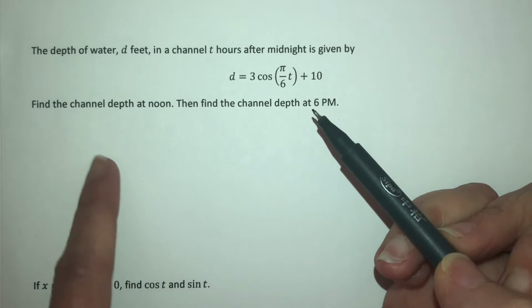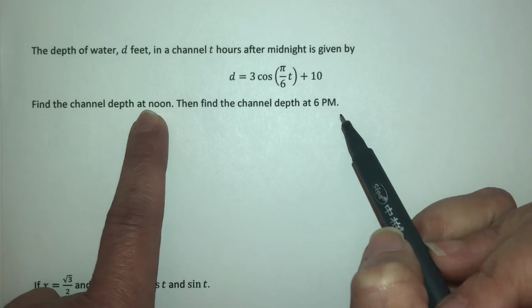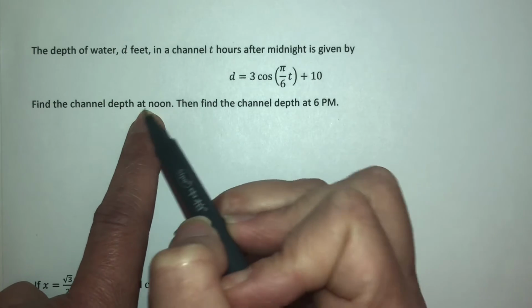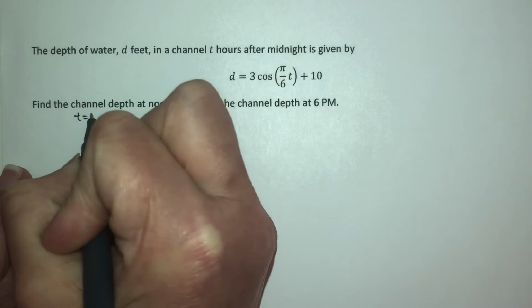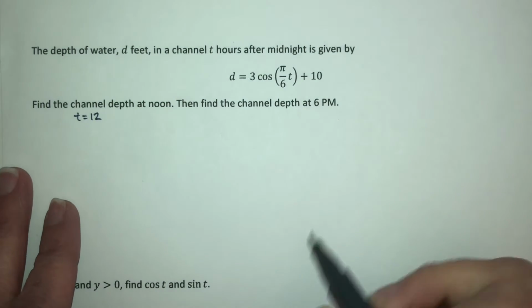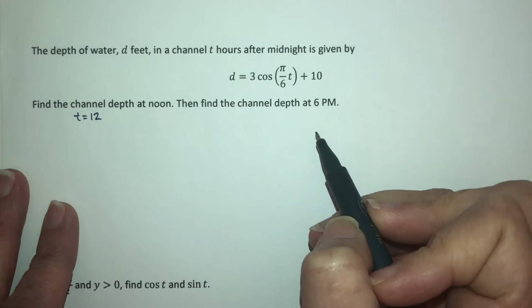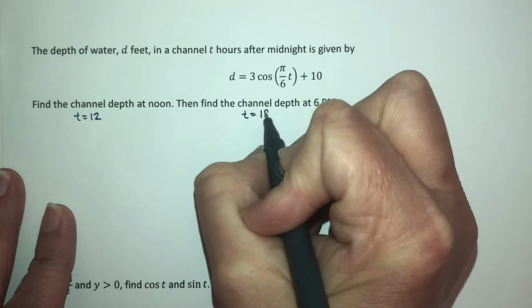We're asked to find the channel depth at noon, and then find the channel depth again at 6 p.m. Now, t is in hours after midnight. Noon is 12 hours after midnight. So for this one, our t value is 12. At 6 p.m., that is 18 hours after midnight. So for this calculation, our t is going to be 18.